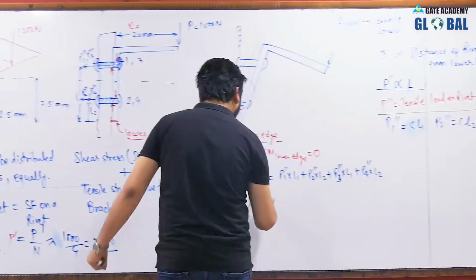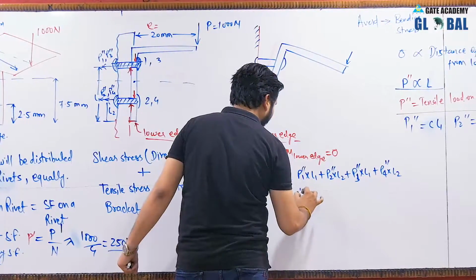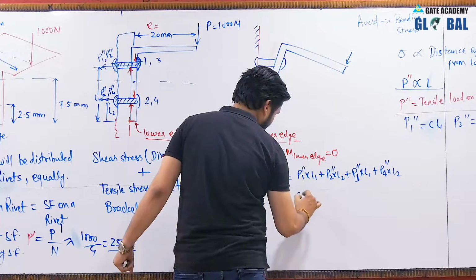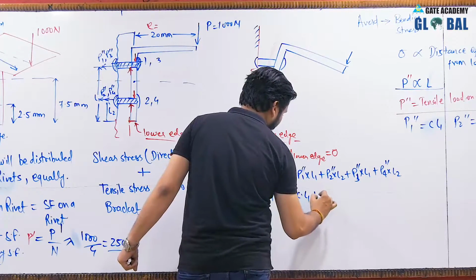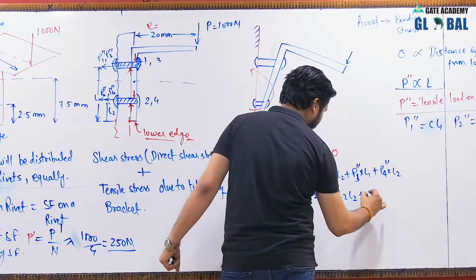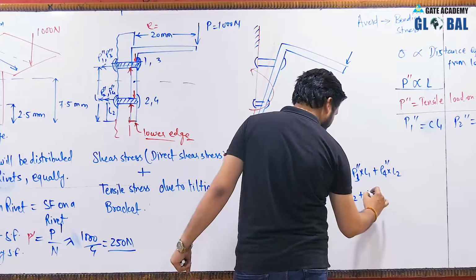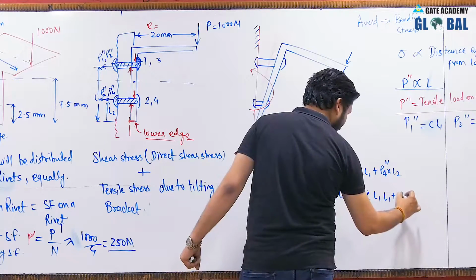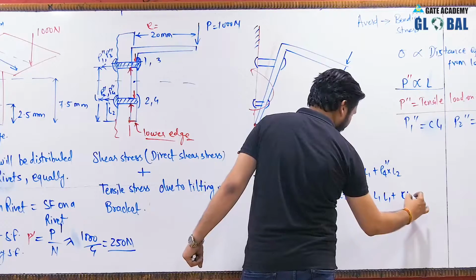So from here you can write P into E equal to C into L1 into L1 plus C into L2 into L2 plus C into L1 into L1 plus C into L2 into L2.